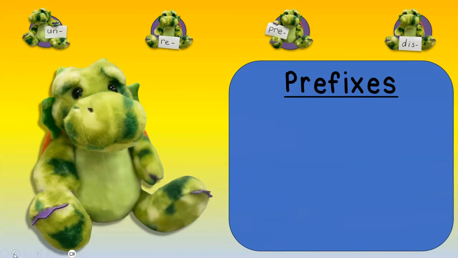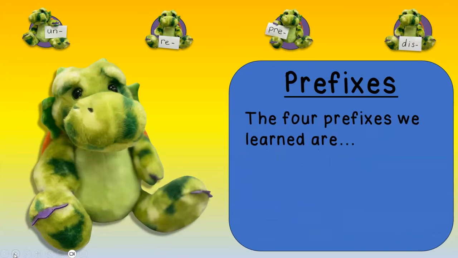And the prefixes that we looked at for this particular video, the 4 of them are un, which means not or the opposite. Re, which means to do something again. Pre is to do something before. And dis is to say not or the opposite. Okay, go out there and use prefixes in your writing, and let's see how it turns out.